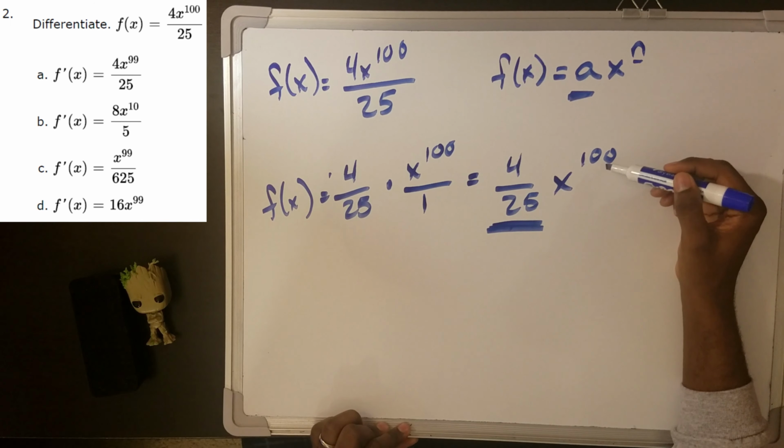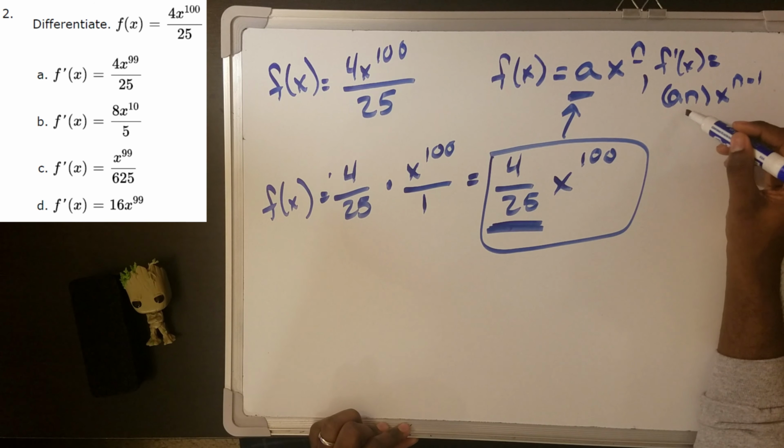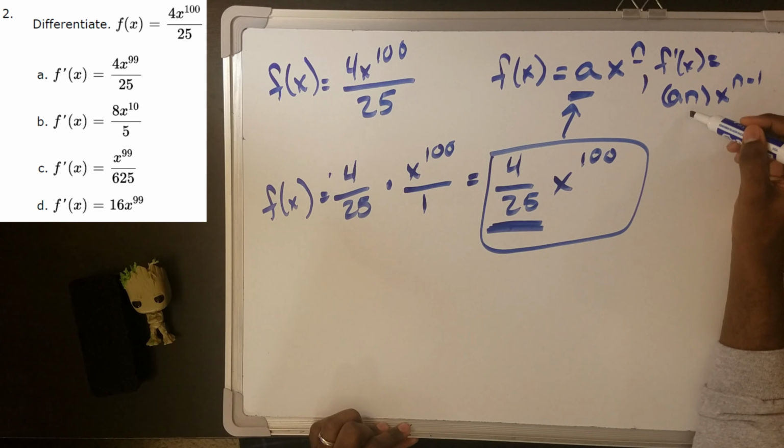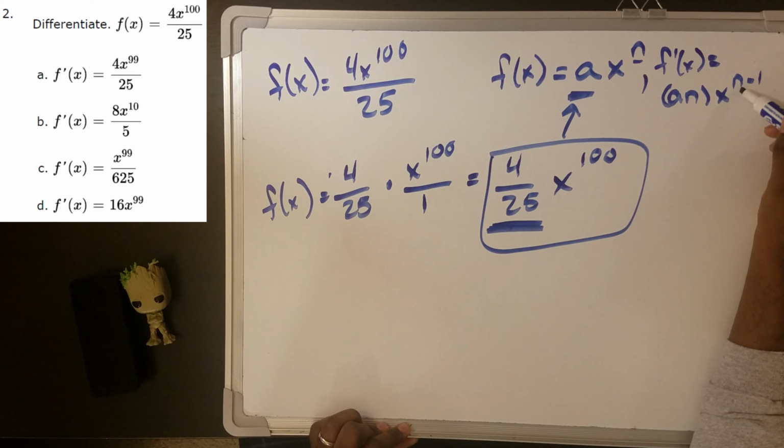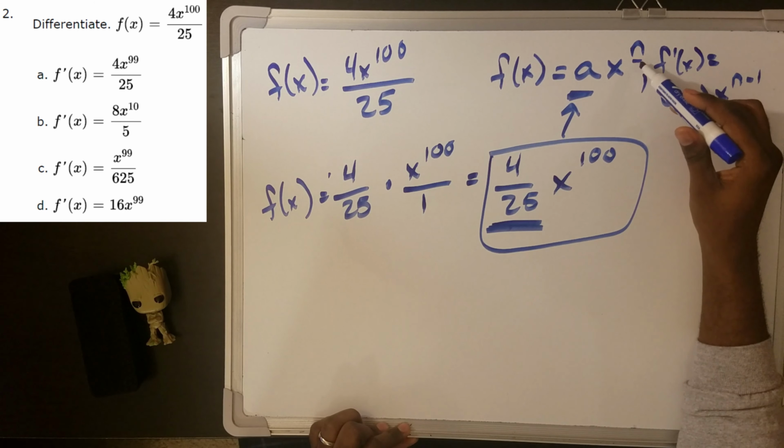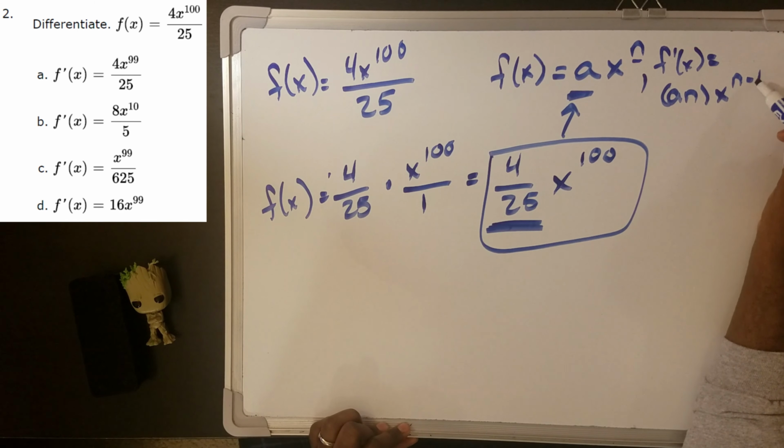Remember, if this is our function, we found f prime of x to be a times n times x to the n minus 1. We multiply the coefficient by the exponent we're bringing down, times x to the n minus 1, subtracting 1 from n to get our new exponent. So let's do that here.